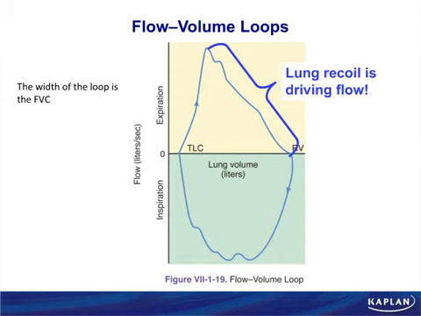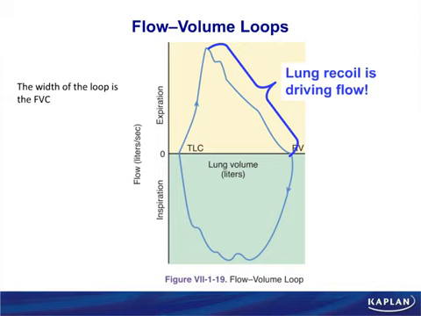This is a forced expiration, so positive interpleural pressure. Recoil is driving the flow. So as lung volume falls, flow falls in a nice, steady, linear decline. Because as lung volume falls, recoil falls. Since recoil is falling, flow is falling.